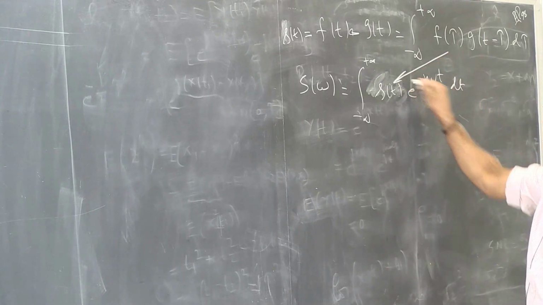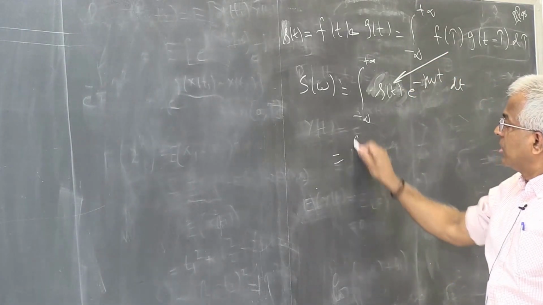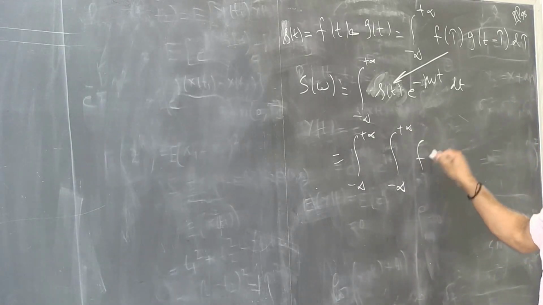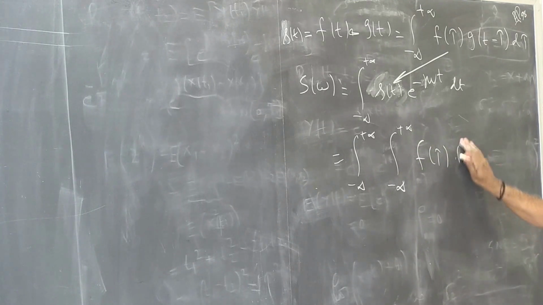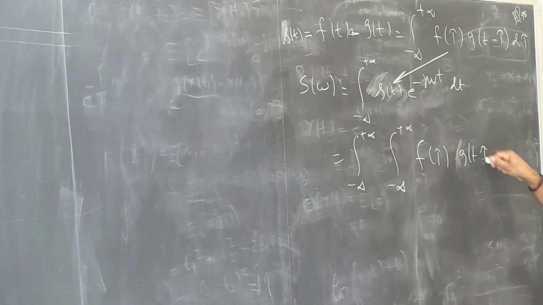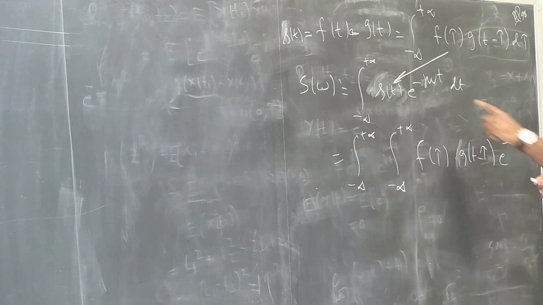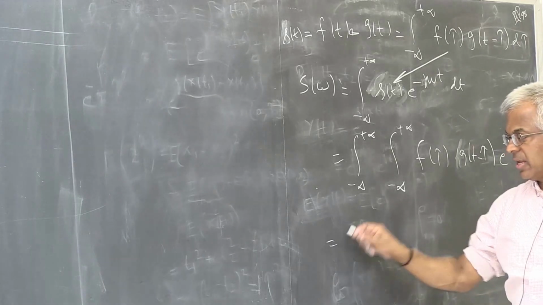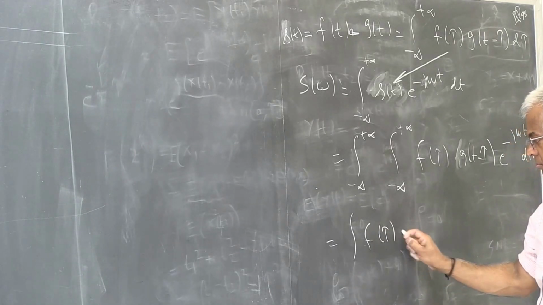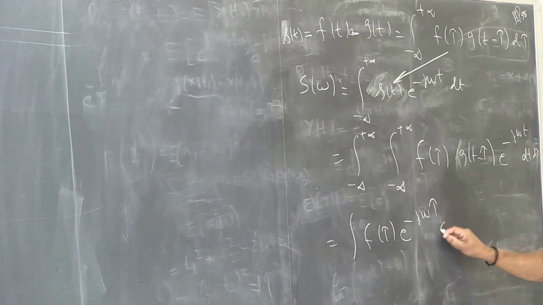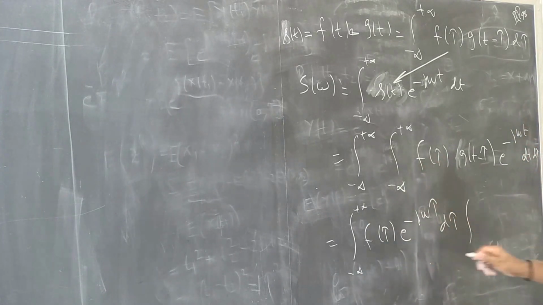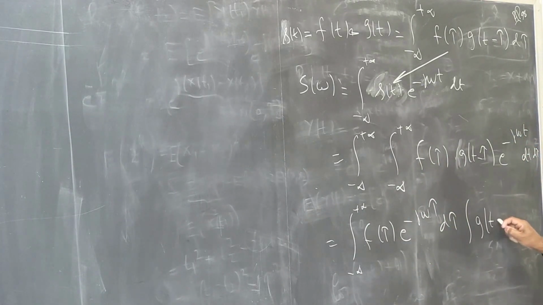But for s(t), I'm going to substitute this expression. So that's minus infinity to plus infinity, minus infinity to plus infinity, f of tau g of t minus tau e raised to minus j omega t dt d tau, right? So of course I can rewrite this as one integral on tau, the other integral is on t minus tau.